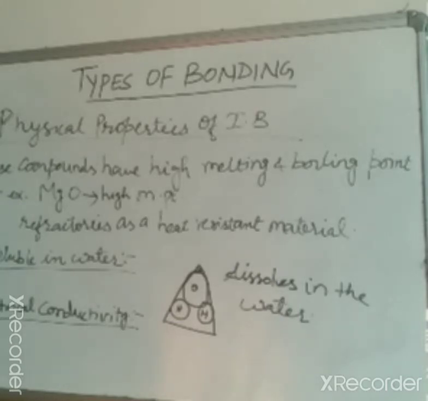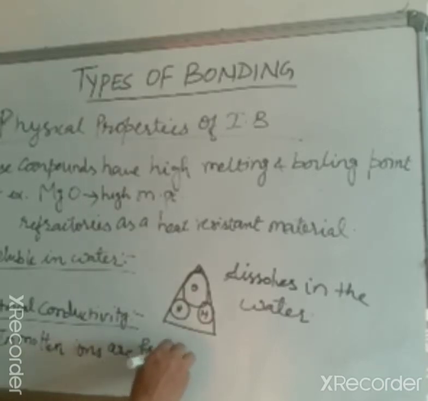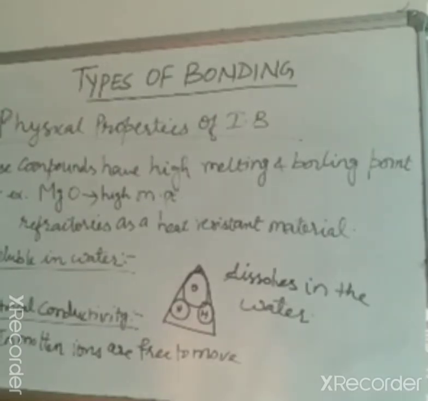So that is why in molten state, ions are free to move and they are able to conduct electricity, because the crystalline lattice breaks down and ions can move.